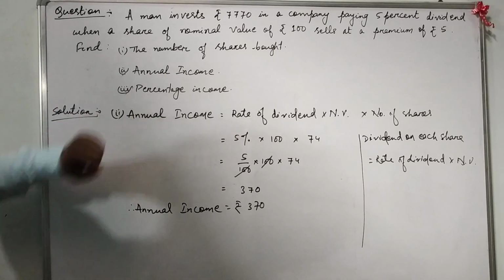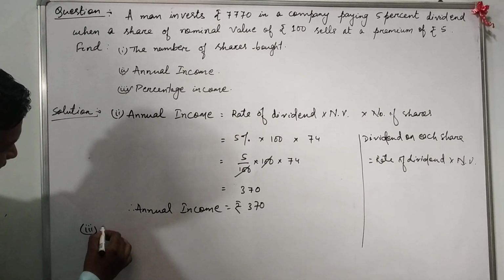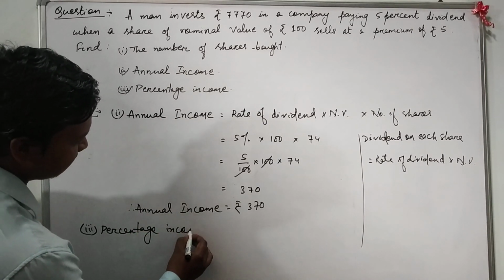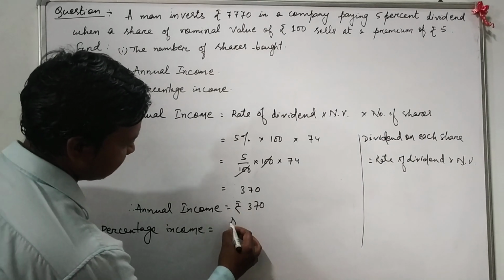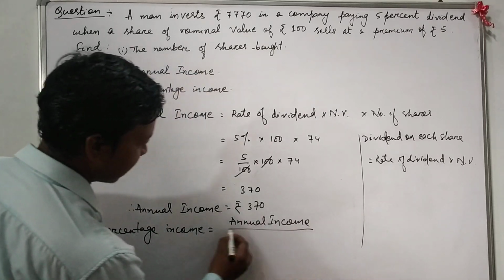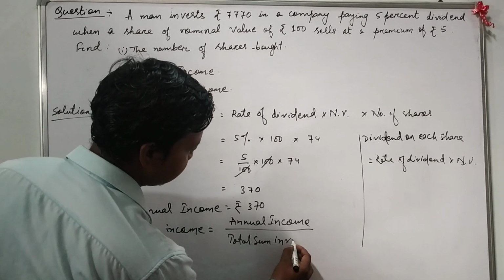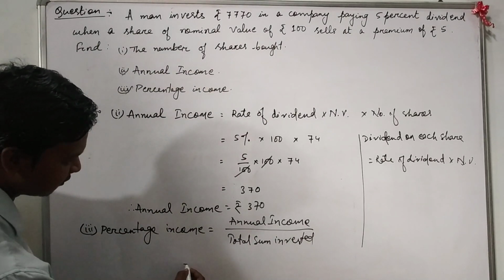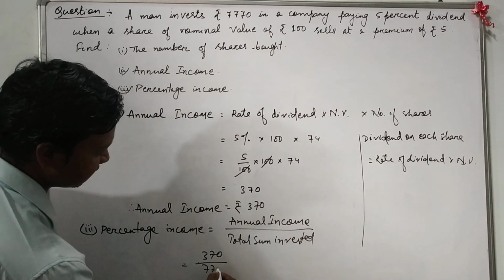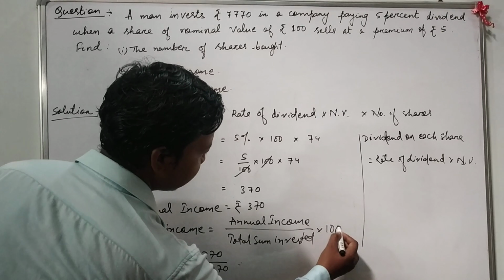So now the third one: it is given to find out the percentage income. Let us see how to find the percentage income. Percentage income is equal to annual income by total sum invested, into 100%. Our annual income we have got as 370 and sum invested is 7,770.